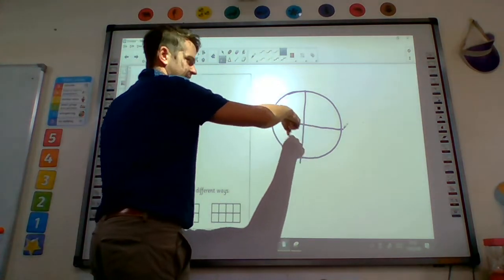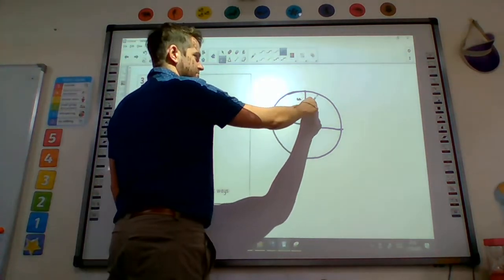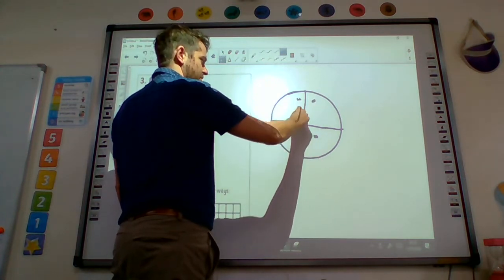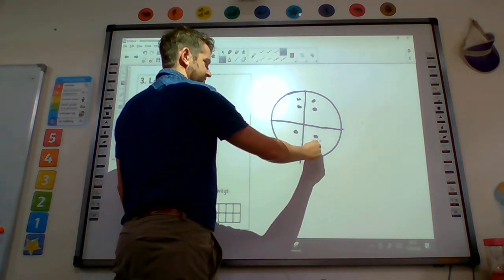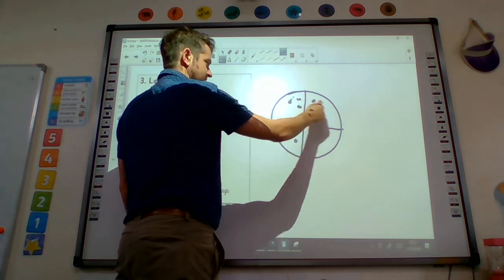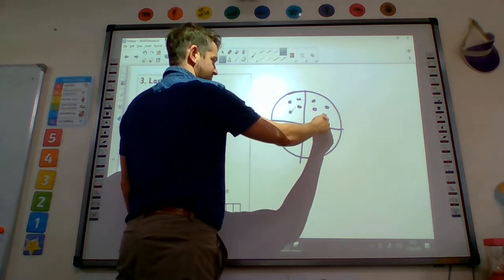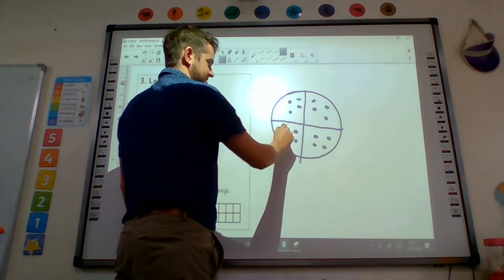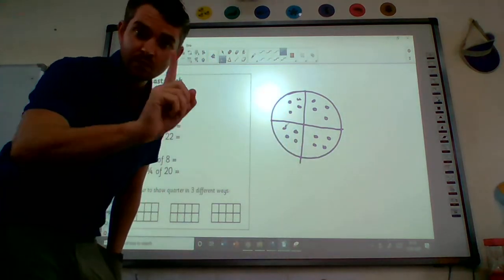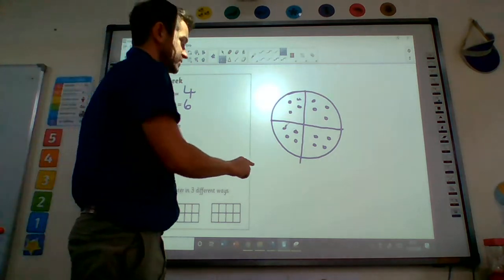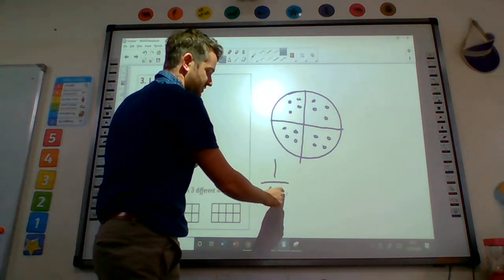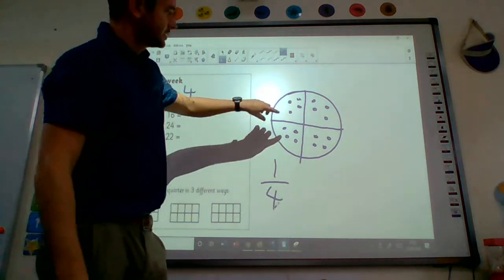Sharing 16 equally. 1, 2, 3, 4, 5, 6, 7, 8, 9, 10, 11, 12, 13, 14, 15, 16. I look at 1 quarter because we're looking at 1 out of the 4 sections.